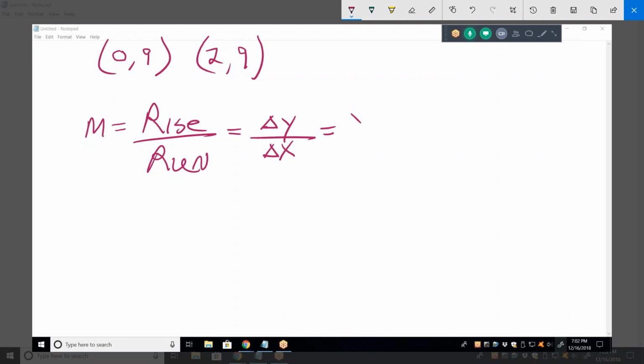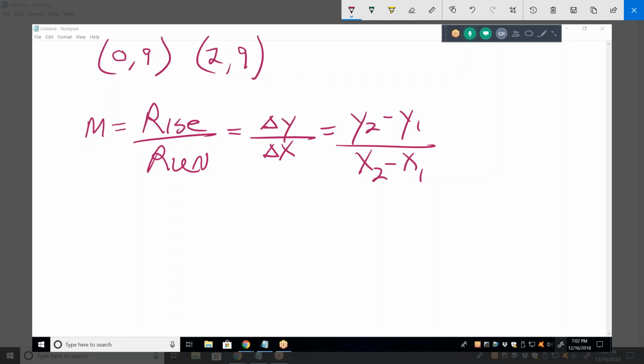So if I'm going to write it exactly, I'm going to do it this way. And you have to go in the same order. I can actually do y sub 1 minus y sub 2 as long as I do x sub 1 minus x sub 2. But I can't switch orders. I mean, I can switch them if I switch both of them.